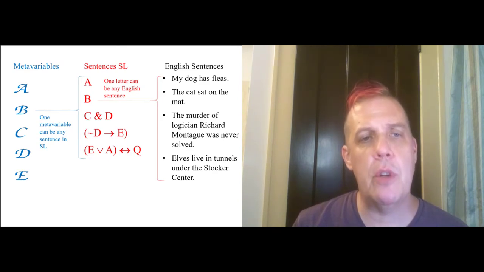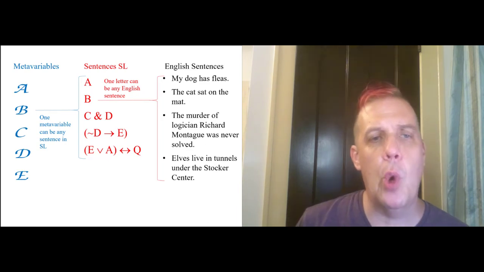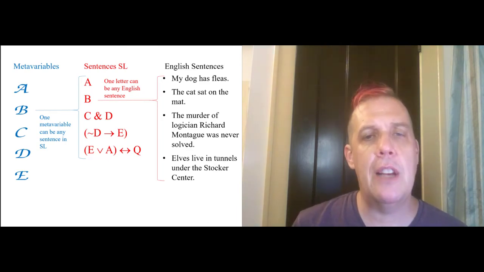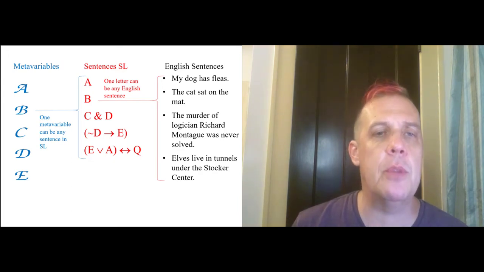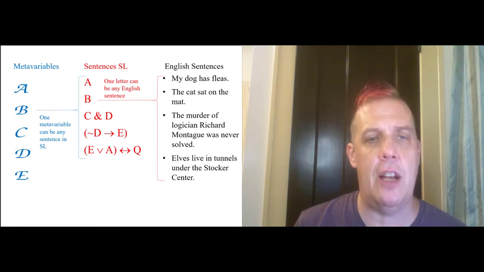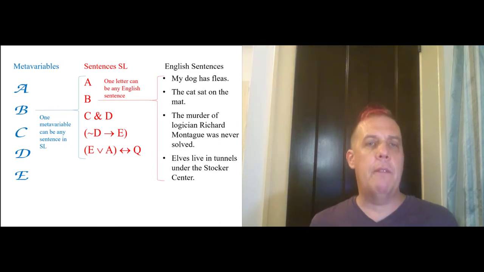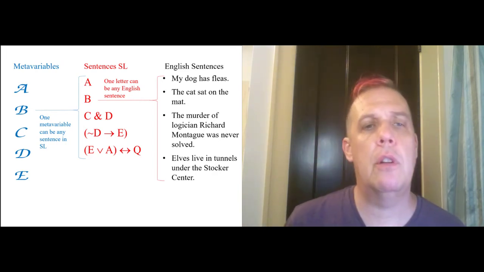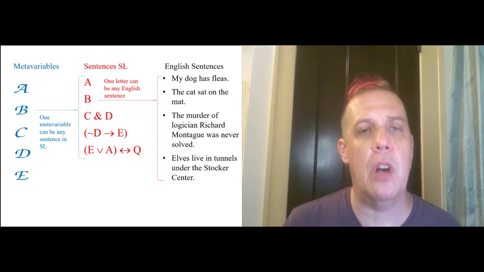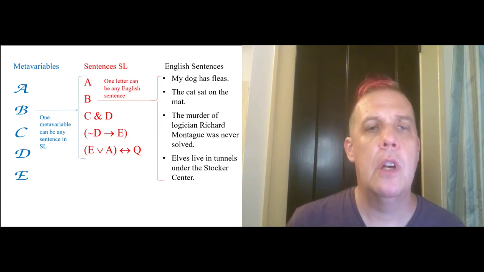The meta-language consists of ordinary English plus a few additional special symbols. These special symbols aren't a part of SL, but they help us make SL. And meta variables are important here. So you can think of 2 layers of variables.